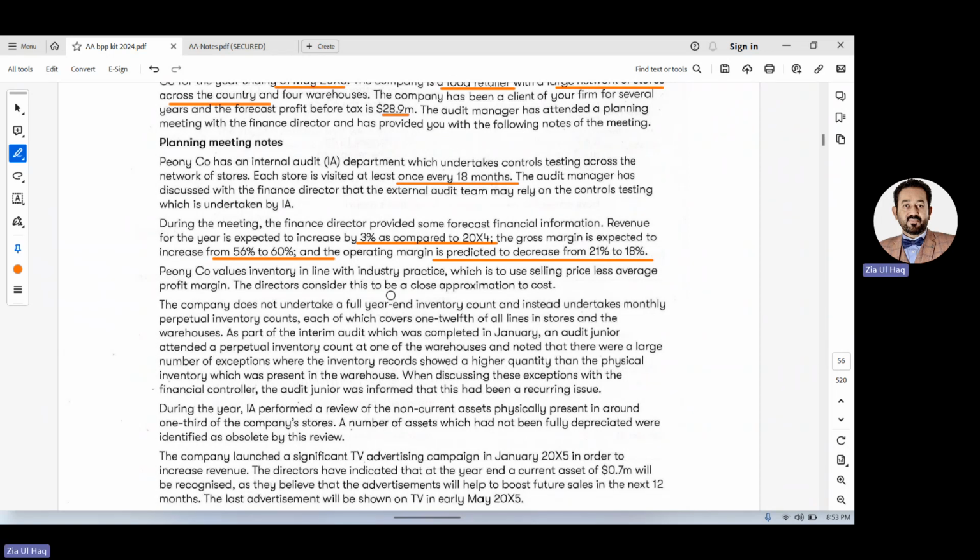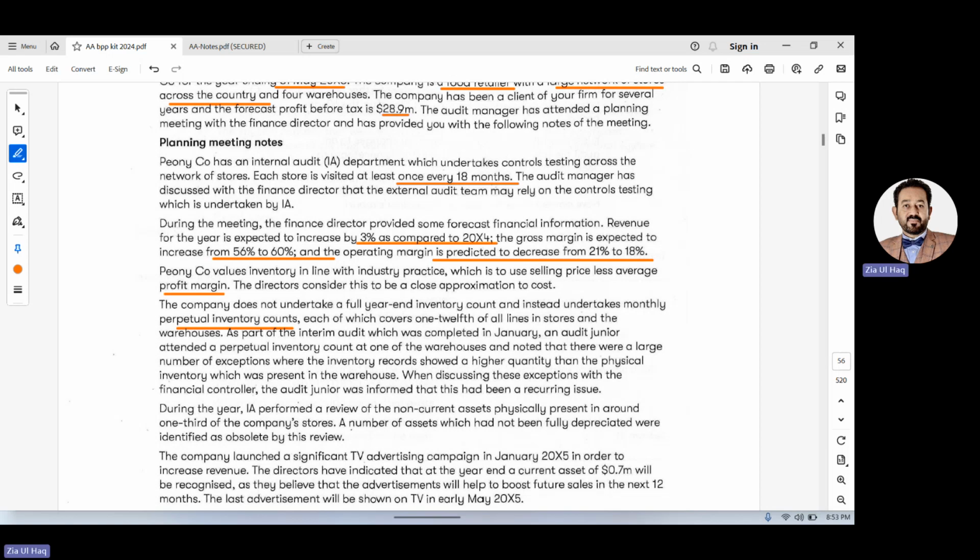So we have identified from here: the director considered this to be a close approximation to cost. No, this is wrong. It should be lower of cost and NRV. The company does not undertake a full year inventory count and instead undertakes monthly perpetual inventory counts. Perpetual means continuous; every month they are counting inventory.